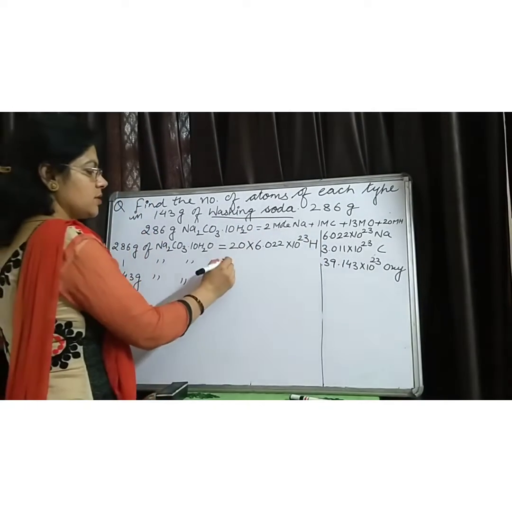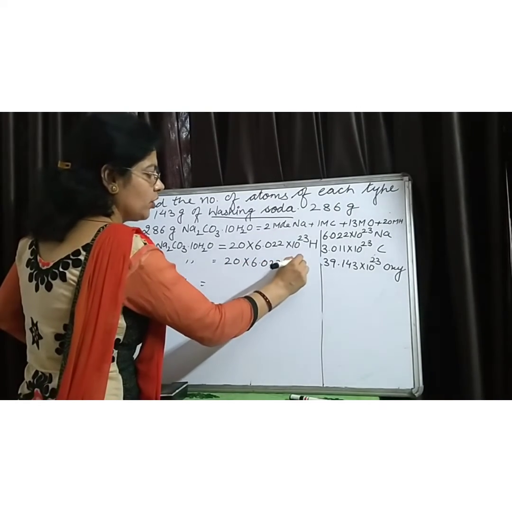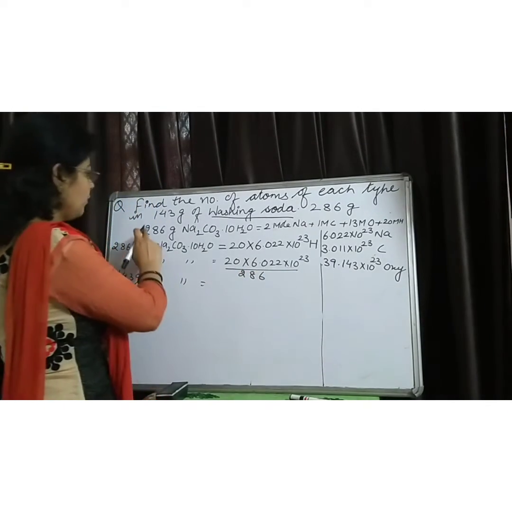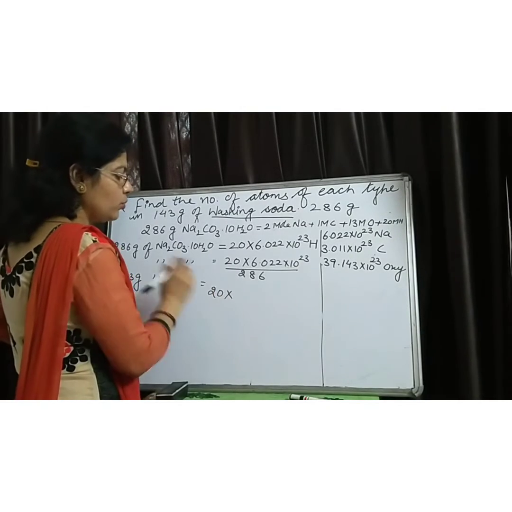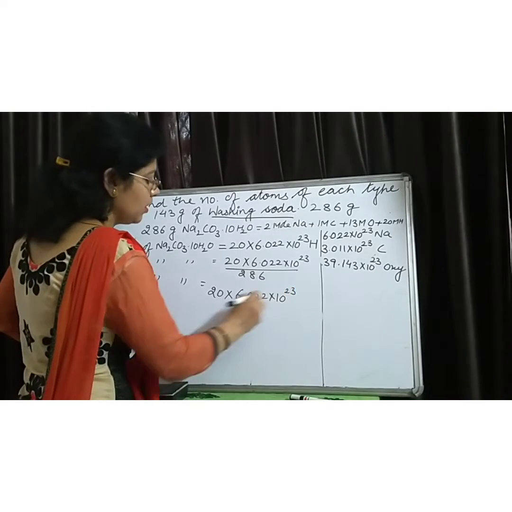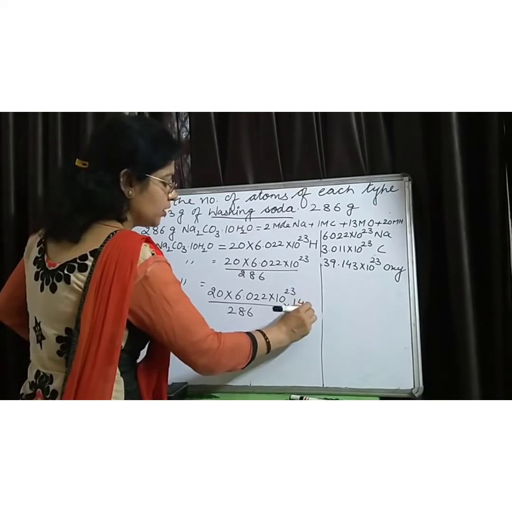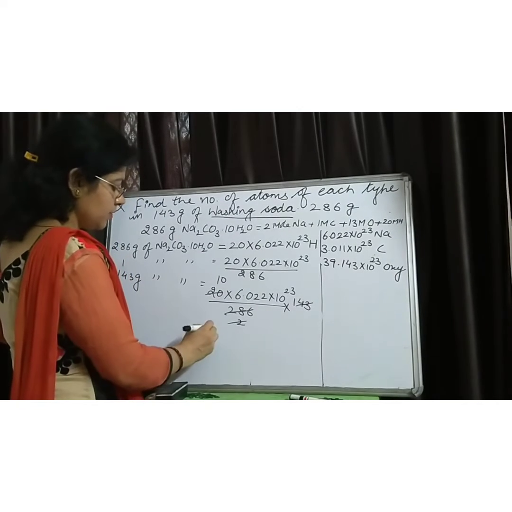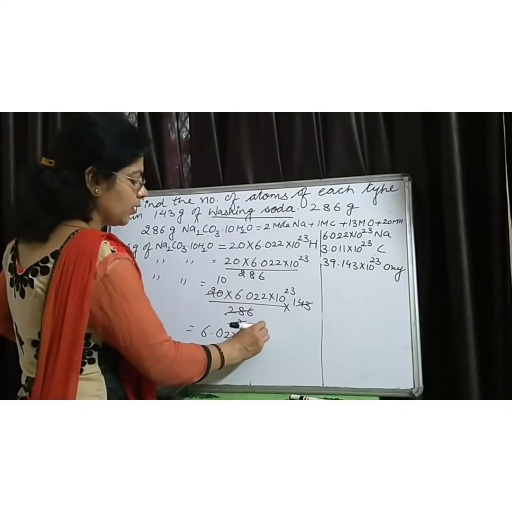Solving this for 143 grams, this is equal to 20 into 6.022 into 10 raised to power 23 divided by 286 multiplied by 143, and we get the number of hydrogen atoms as 6.022 into 10 raised to power 24.